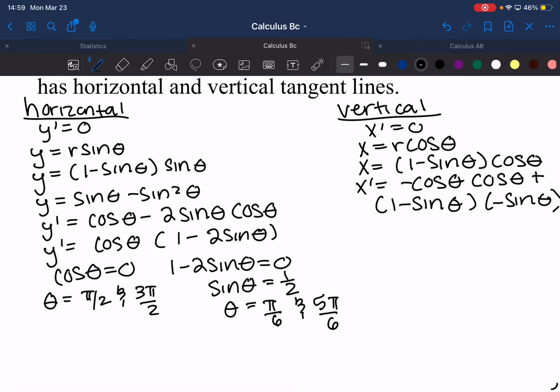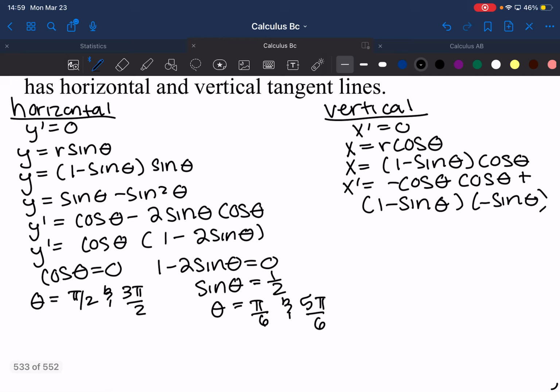And then from here, I want to simplify it as much as I can. So this can be equal to negative cosine squared theta. And then I can distribute that negative sine theta inside 1 minus sine theta. And so I get negative sine theta plus sine squared theta.